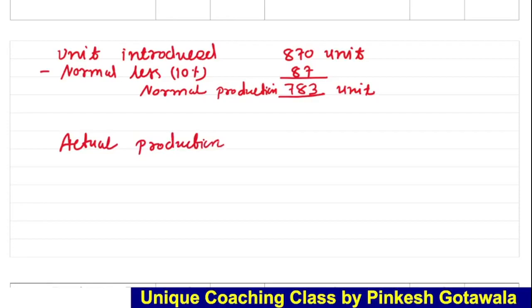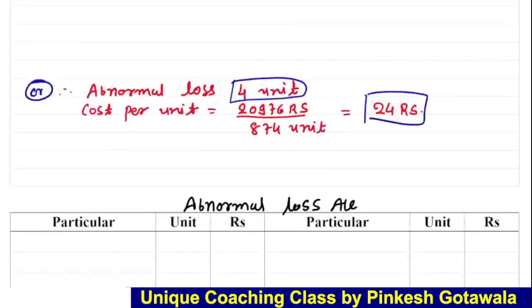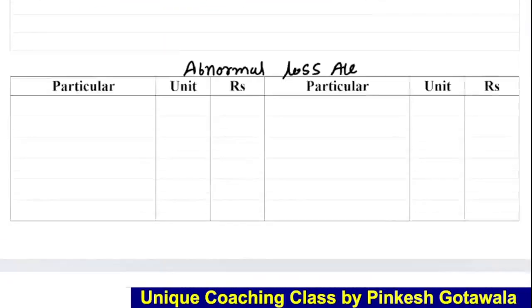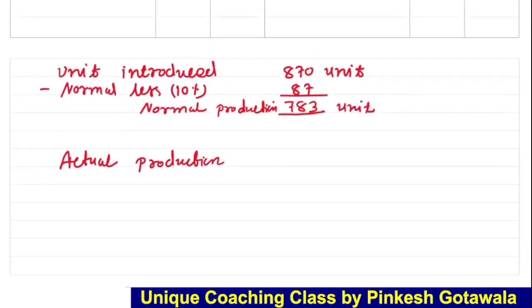So our actual production is, I think, 800. Yes, actual production is 800. So now is it an abnormal gain or loss? So normally 783 units would be produced, but actually we get 800, we get more.